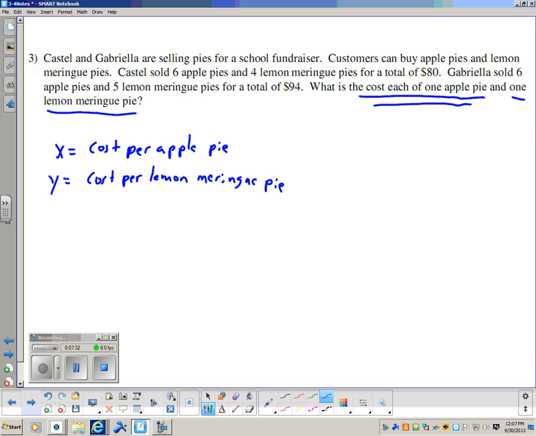So now we got some information above in our sentences up there that's going to set up our equations for us. It says this one here, Castell, sold 6 apple pies and 4 lemon meringue pies for a total of $80. So let's set up that equation. So he sold 6 apple pies, so each apple pie costs x, plus he sold 4 lemon meringue and they cost y for a total of $80.